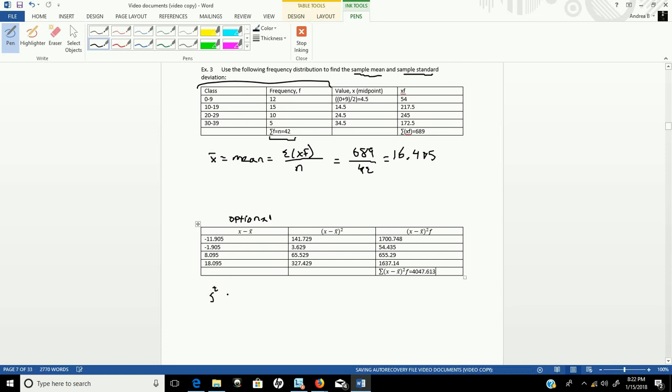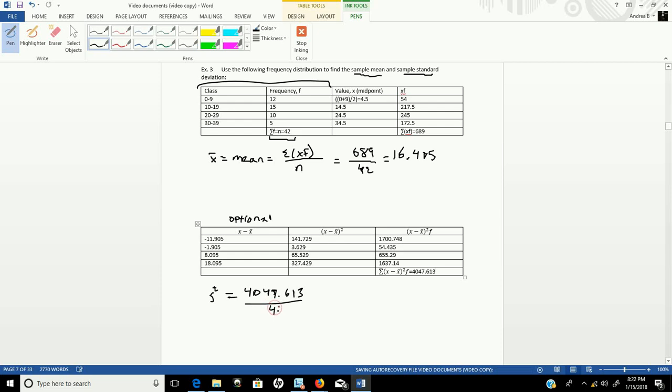So we had s squared is equal to, so remember s squared is your variance. So you do that 4047.613 divided by 41.